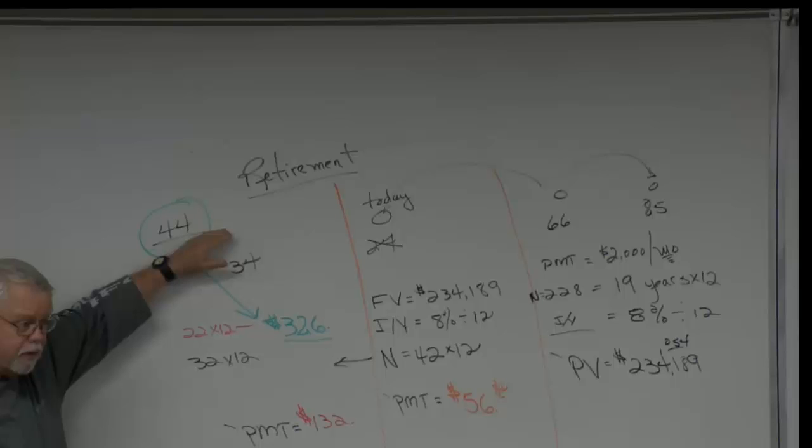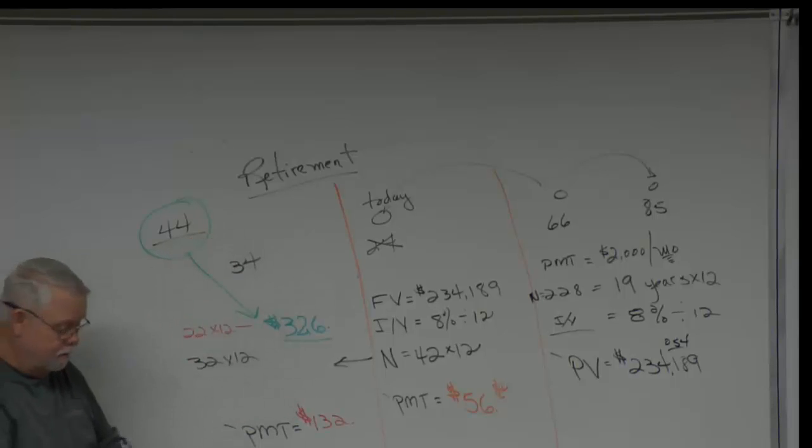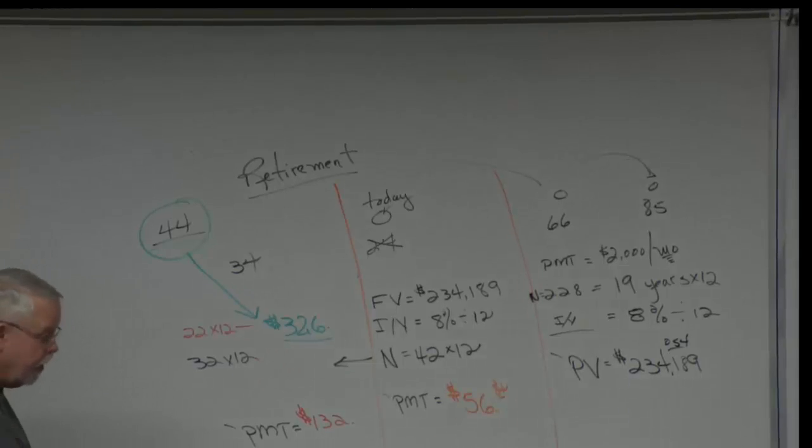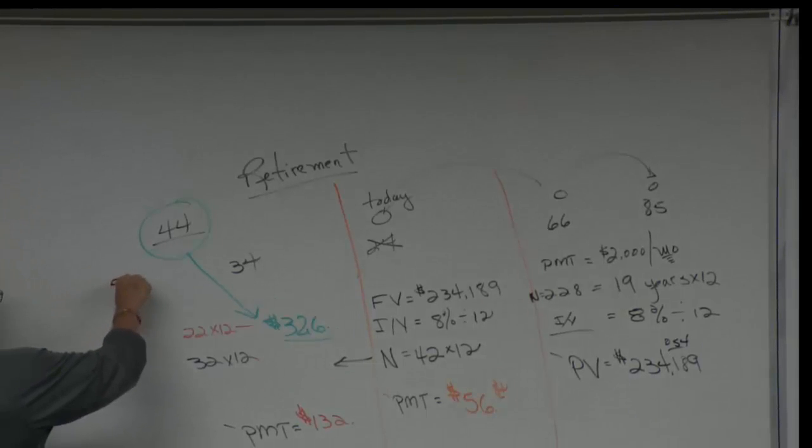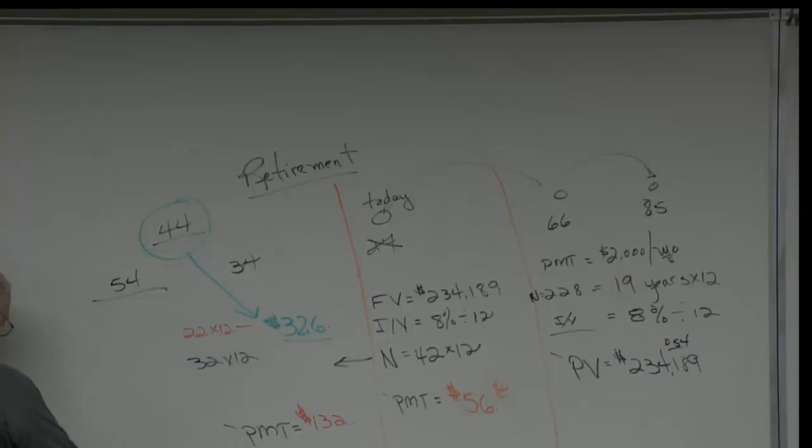Can you do that for me very quickly? Let's let good old Jim get to be 54 years old and see just how smart he is. At 54 years old, you're going to need, ooh, I got that wrong.